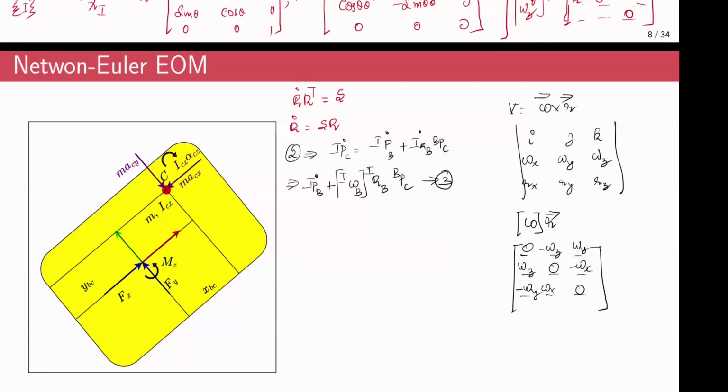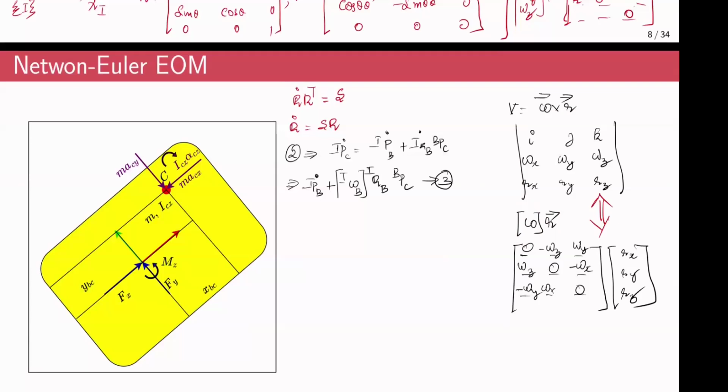So this is a skew symmetric matrix, and if you multiply this with Rx, Ry, Rz, these are equivalent. The cross product of two vectors can also be expressed by a matrix multiplication of a skew symmetric matrix and the second vector. These are equivalent. You can expand both out and verify it yourself.